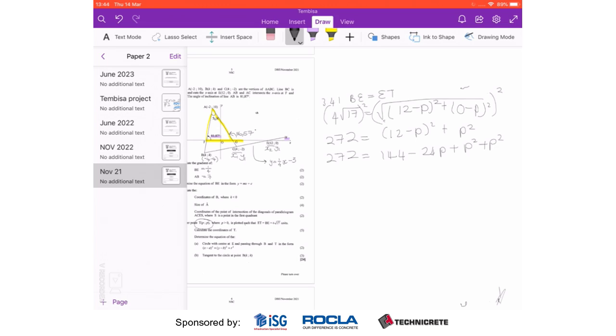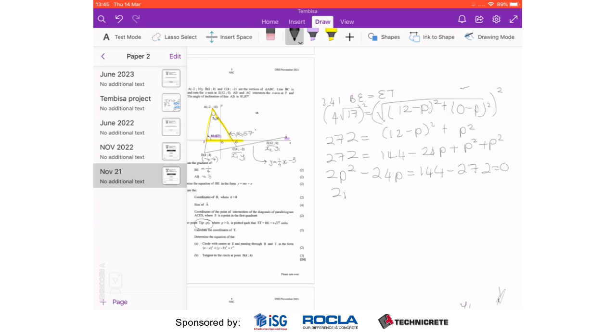We get left with, simplifying, so we've got 2p squared minus 24p is equal to 144 minus 272 equal to 0.